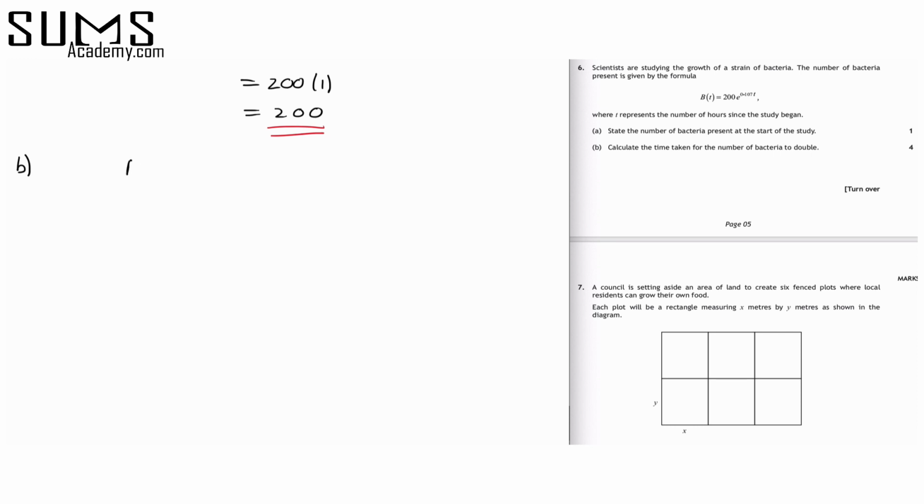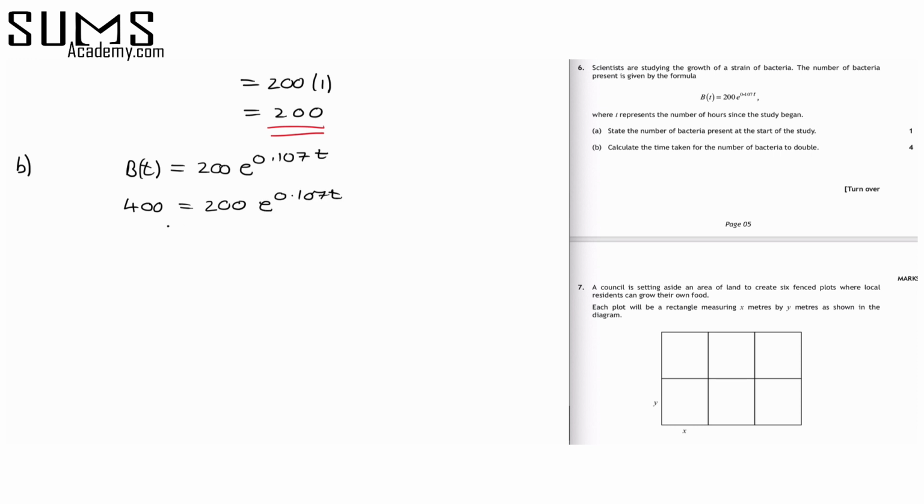We'll write out the expression first for good practice: B(t) equals 200 e to the 0.107 t. So 400 is equal to 200 e to the 0.107 t.